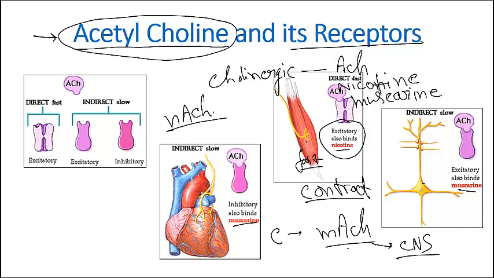Here is the difference between the two. We have a situation where acetylcholine can act directly, which is very fast activity, and another situation where acetylcholine can act indirectly, which is very slow activity. But the slow activity can be of two different types, excitatory or inhibitory, and those are required in the central nervous system, sometimes to influence and sometimes to inhibit the response.